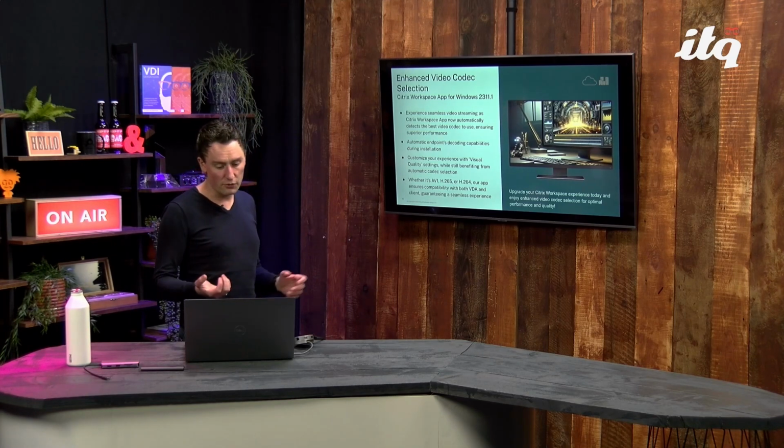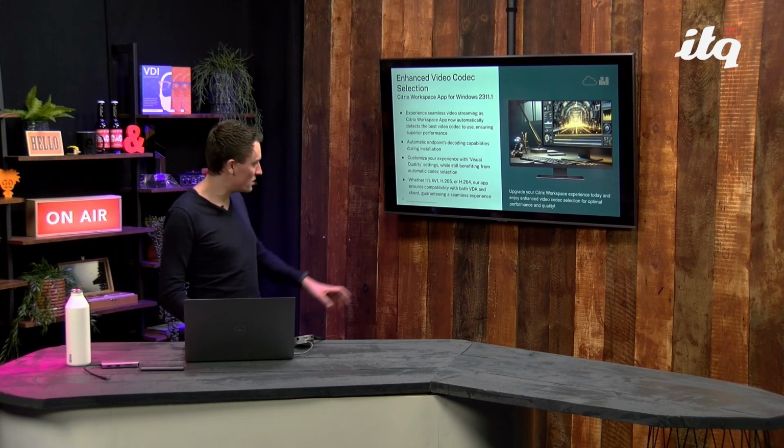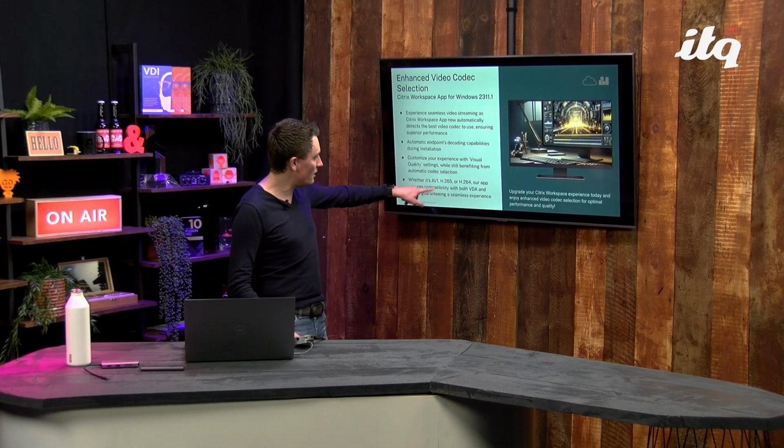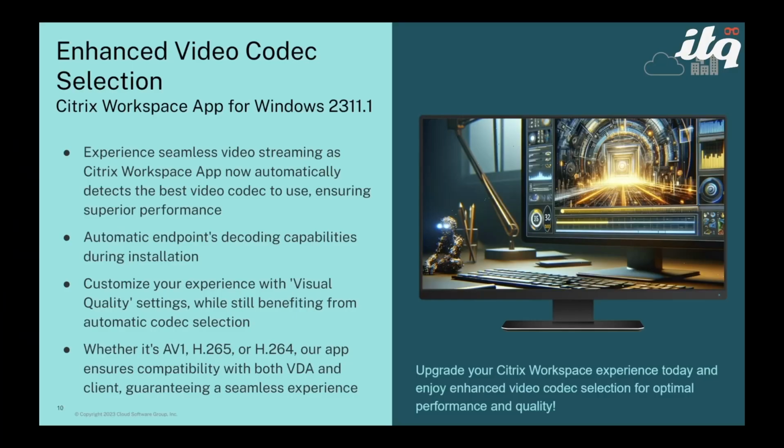We start with AV1, then H265, then H264, in this order, because AV1 gives the best performance and the best quality, H265 next, and if nothing else is possible, we fall back to H264. That really makes life much easier.